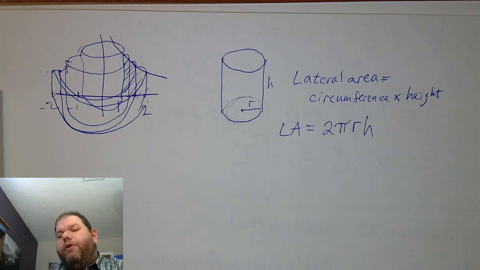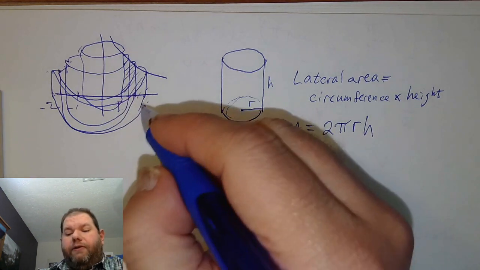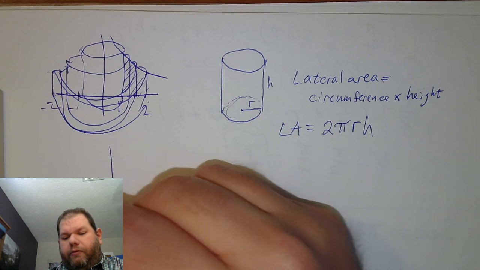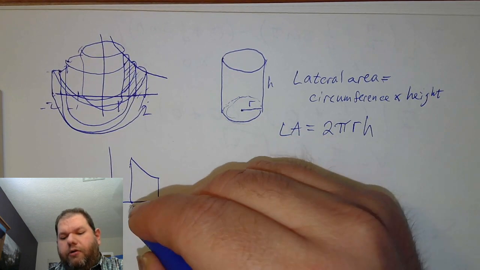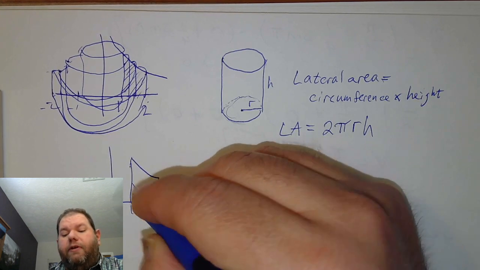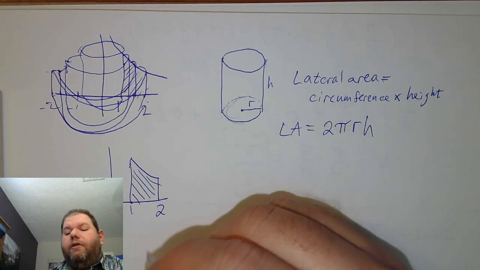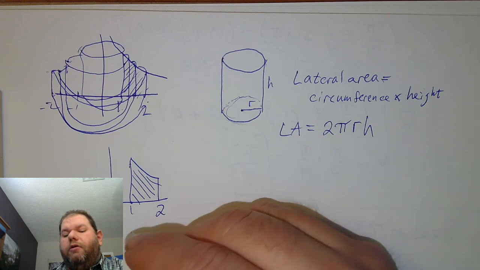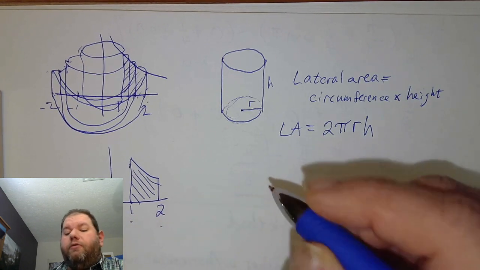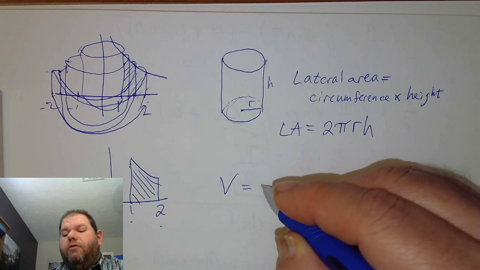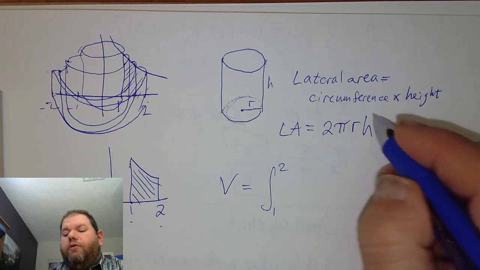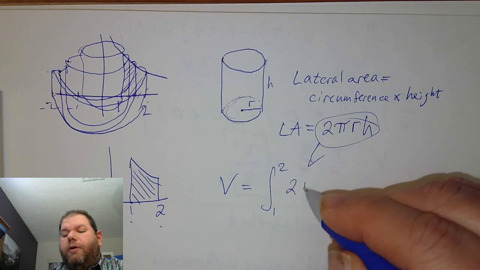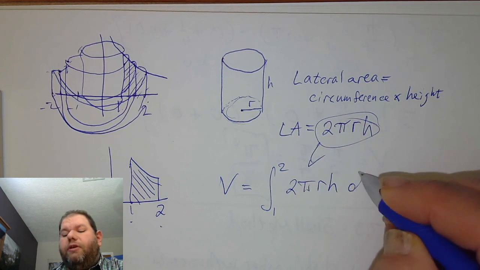So one of the things that's different about the shell method is that our limits of integration are based on where the graph actually exists. So in this case, x equals 1 to 2, this will be our limits of integration, 1 to 2, and then inside we'll just take this expression, 2 pi r h dx.